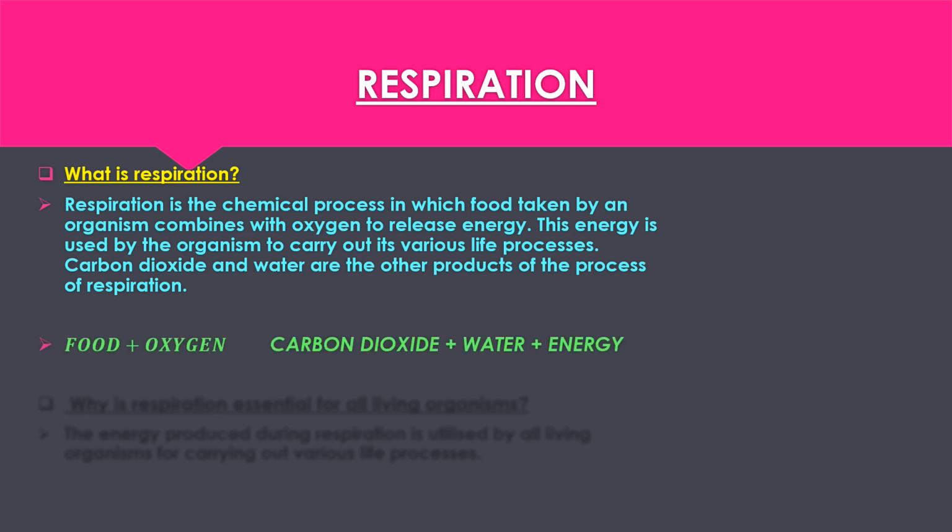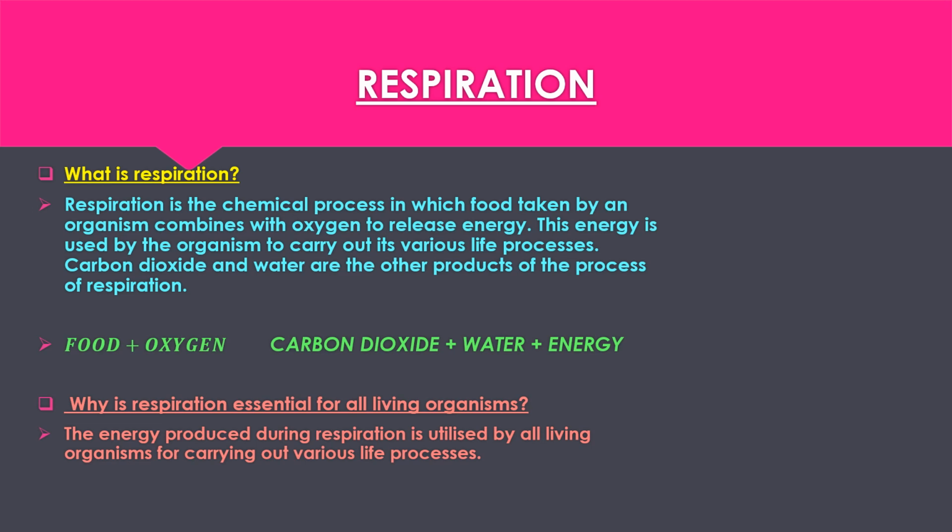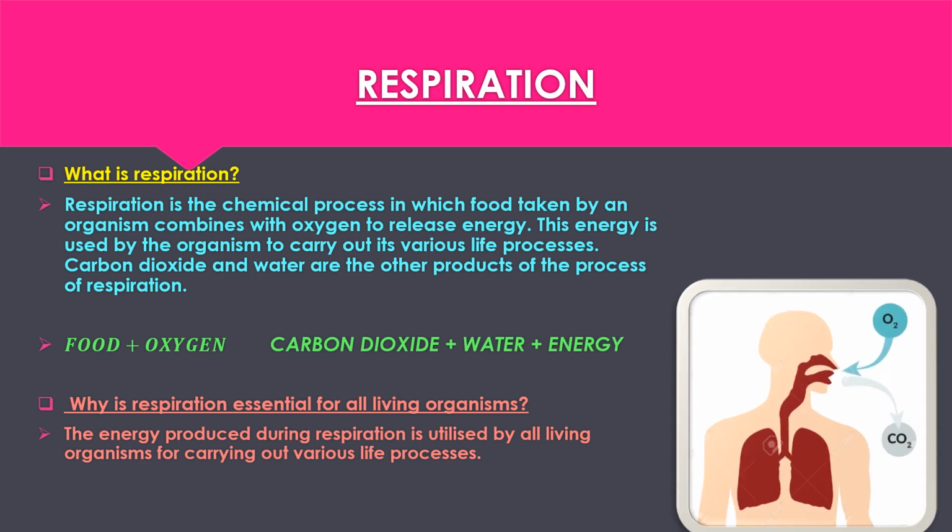This is the equation of respiration. Food and oxygen is giving us carbon dioxide, water and energy. Now, why is respiration essential for all living organisms? The energy produced during respiration is utilized by all living organisms for carrying out various life processes.